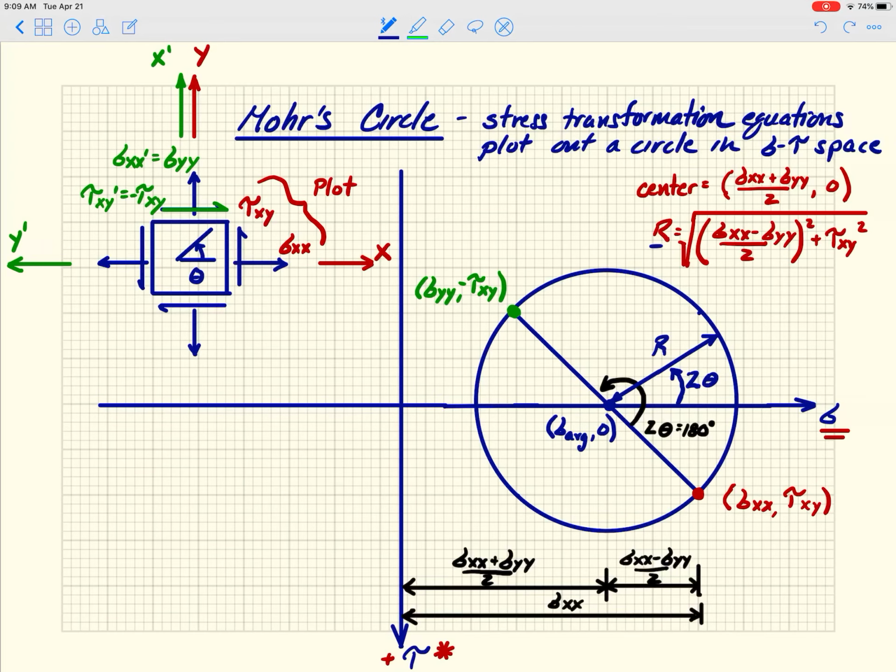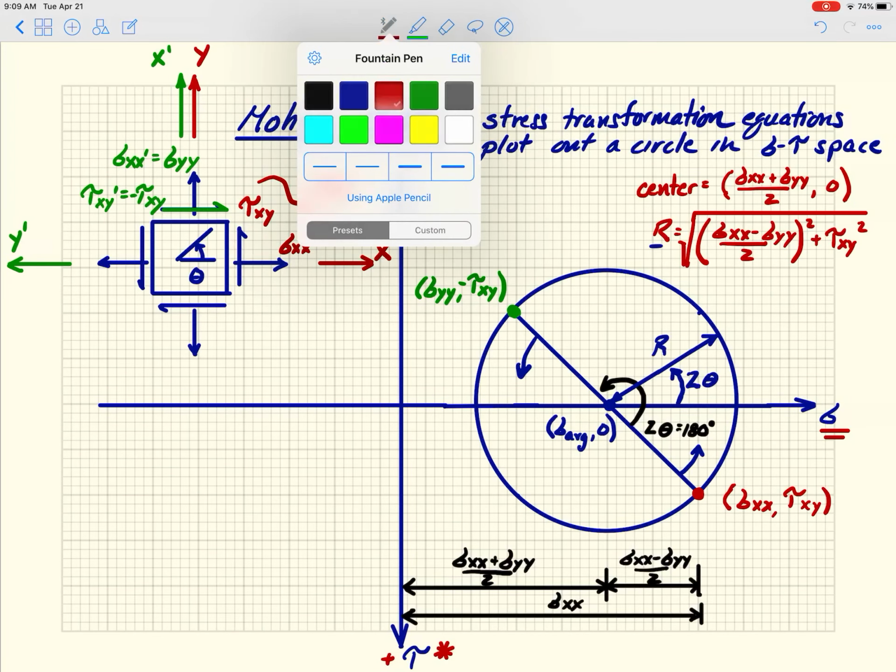So if I want to measure theta from the X face, then I need to measure it from here. This is where I would start. If I want to measure theta from the Y face, I would start measuring in that direction. And any amount of rotation, so if it's a 45-degree rotation on the cube, that means it's a 90-degree rotation on the Mohr circle.